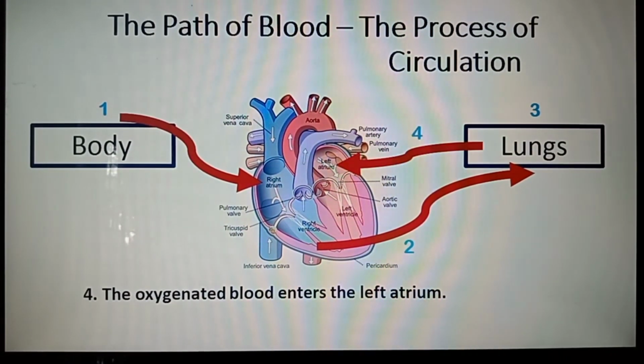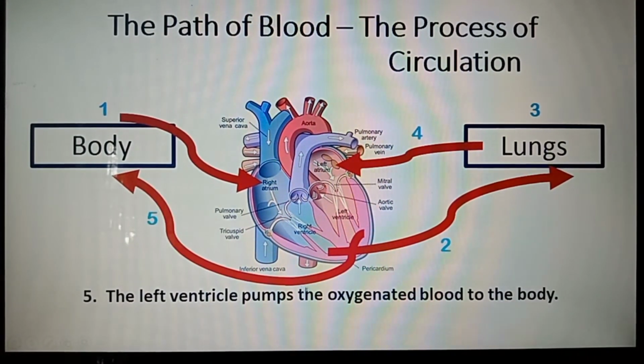Let's go to step number 4. The oxygenated blood enters the left atrium sa pamamagitan ni pulmonary vein. And then, the oxygenated blood will enter the left ventricle. And ano kayang gagawin ni left ventricle?